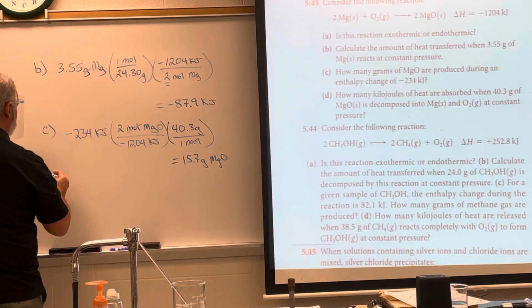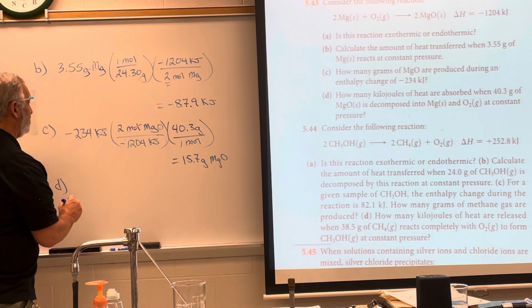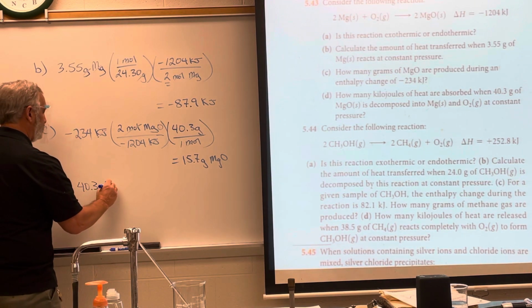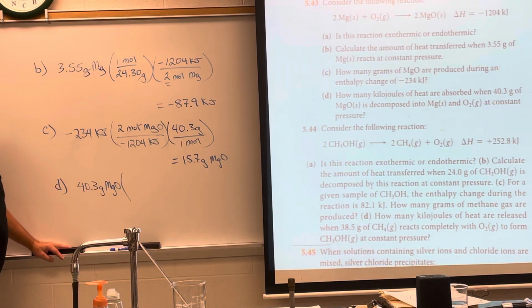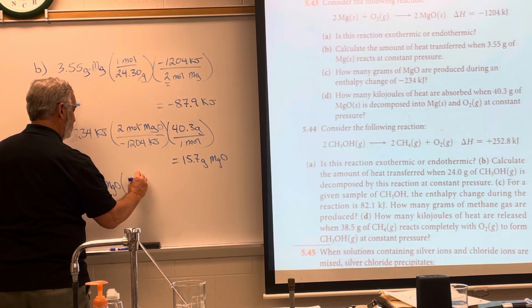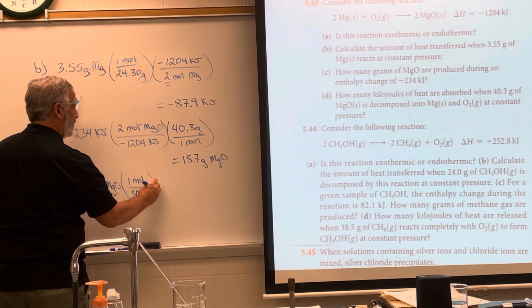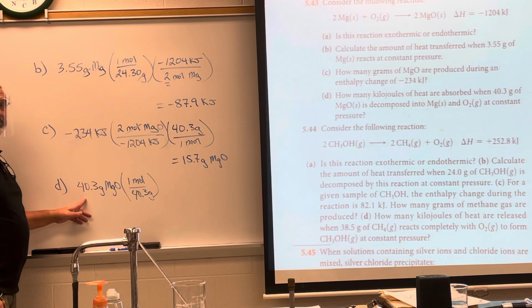So we just start with the 40.3 grams MgO. What do I do? Molar mass of MgO, which we already know to be 40.3. Okay, so that means it's how much? It's 1 mole.